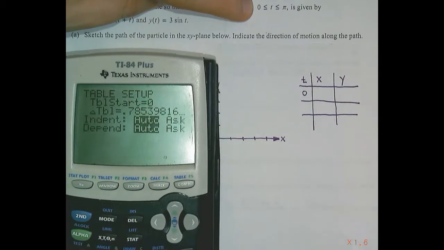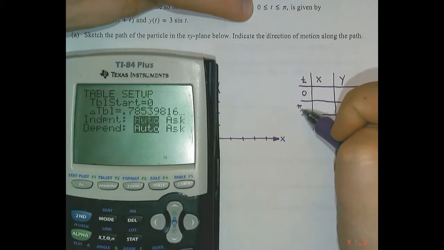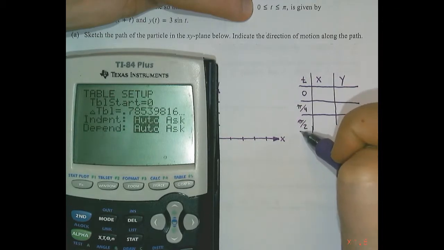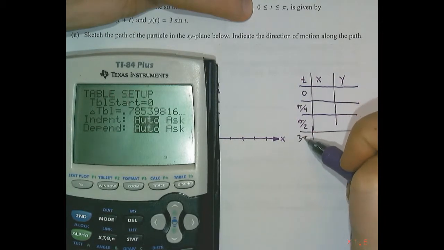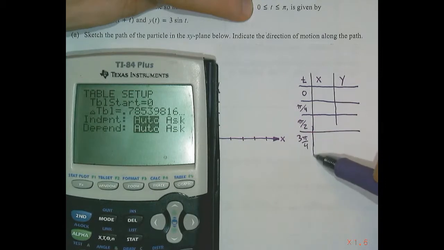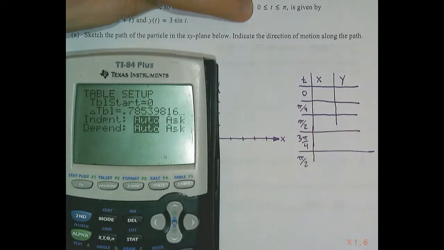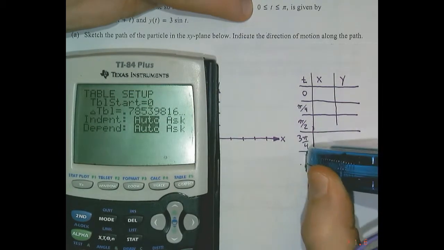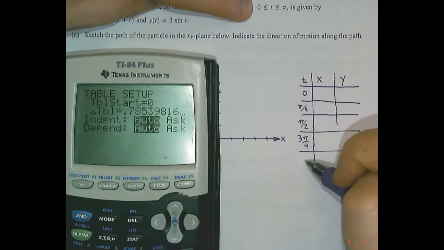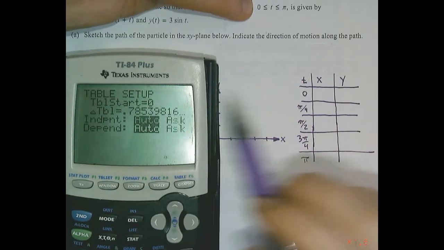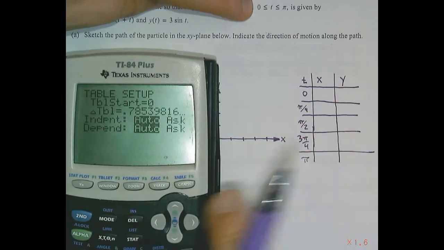So what this does for us is gives us pi fourths, pi halves, 3 pi fourths, and finally pi. You could also set it to ask, and then you can type in these values, but it'll be pretty nice to do it this way.